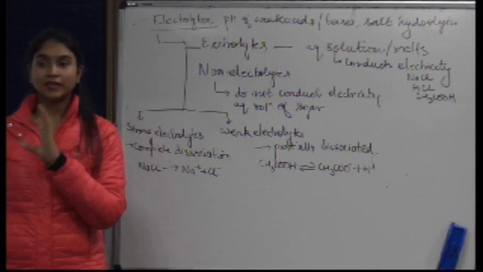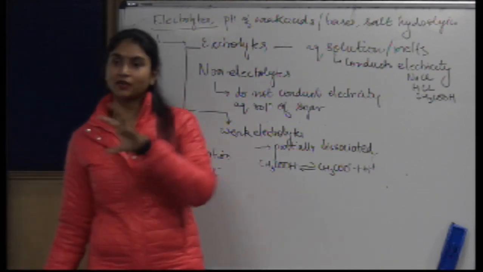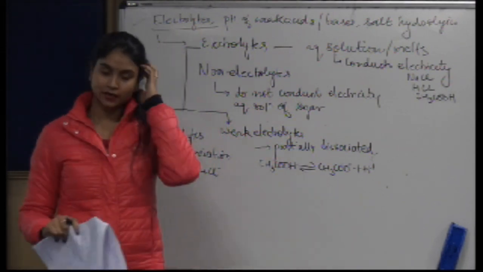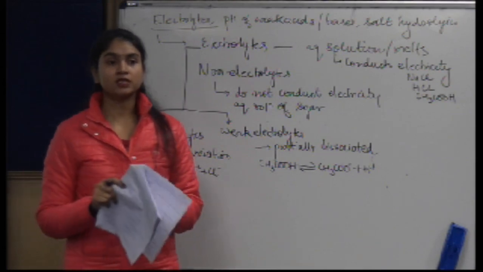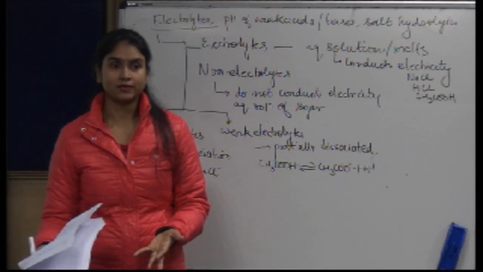You have said it completely fine, but in the opposite way. What you said is fine, but if you had explained ionization instead of dissociation, that would have been completely correct. Dissociation means it has just dissociated the molecules. Ionization means it has led to ionization.